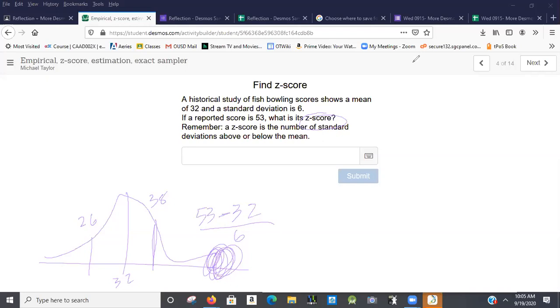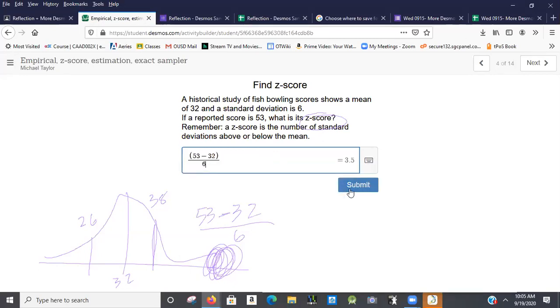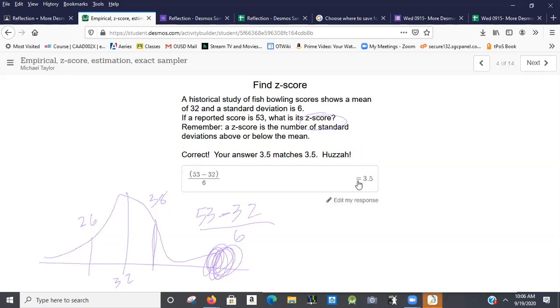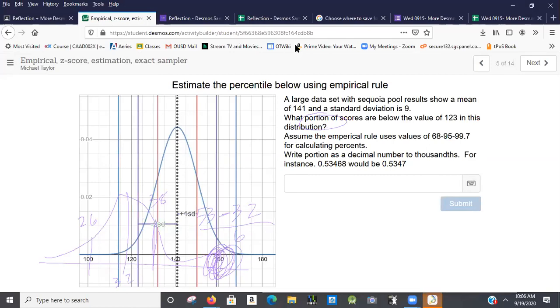I'm going to let the calculator do the work for me here. Positive number, that's what I want, divided by 6. 3.5 standard deviations, way off the scale. This is in like the 99.99 percentile. That's out. Okay, let's clear this.